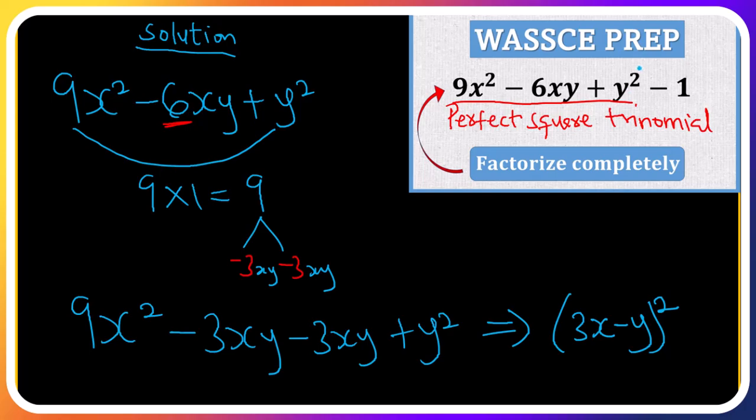So that is for this expression. So what we need to do is to attach the constant term here, which is minus 1, to it. So we have 3x minus y all squared minus 1. This leads us to the difference of two squares.